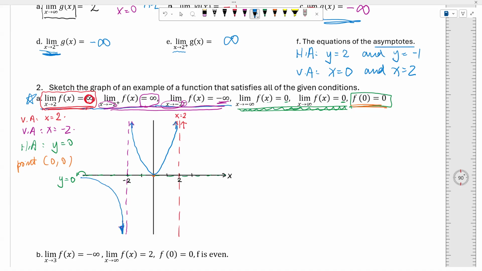On the other hand, to this side right here, again, we have a horizontal asymptote y equal to 0. That means the function basically stays above y equal to 0 and then goes to infinity.